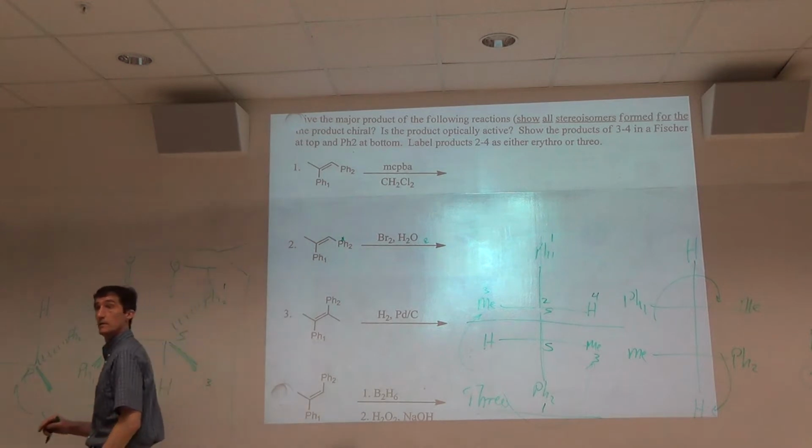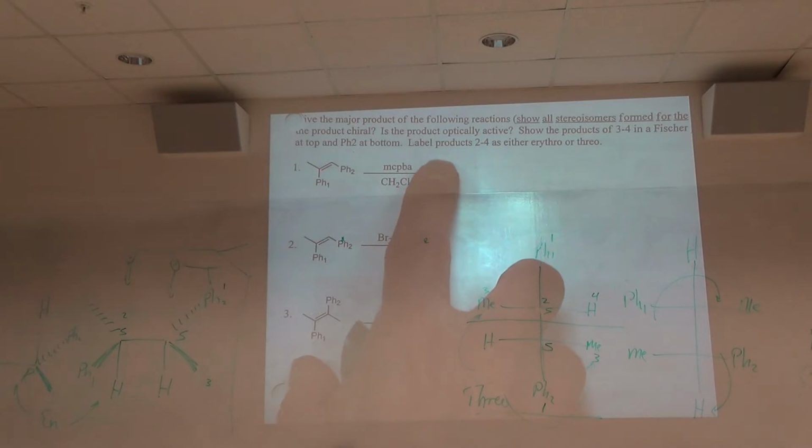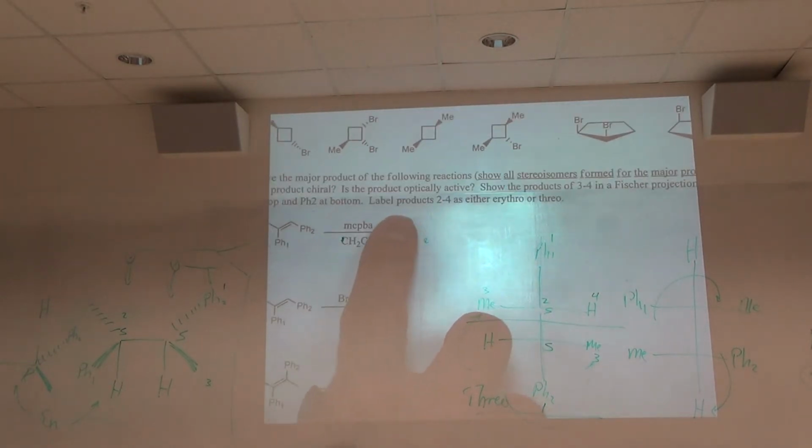So when it says show all stereoisomers for the actual product, when we're drawing the product itself, before the Fischer projections, you want the enantiomer. Where did it ask that? The very first, the original question. For the major product of the reaction, show all stereoisomers formed for the major product.